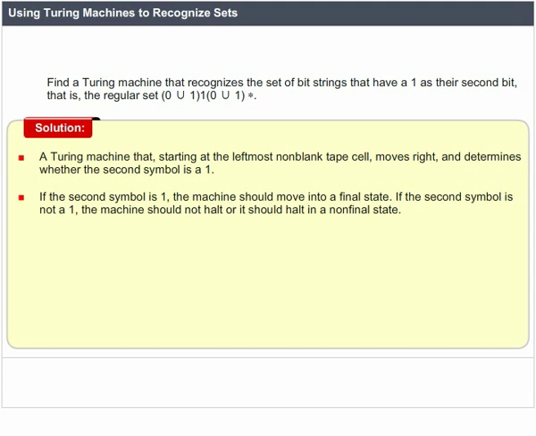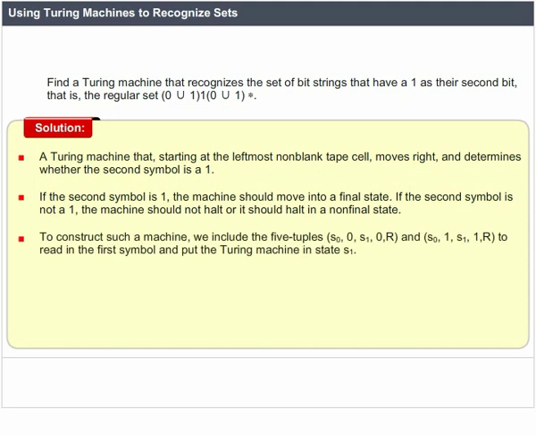To construct such a machine, we include the five-tuples (S0, 0, S1, 0, R) and (S0, 1, S1, 1, R) to read in the first symbol and put the Turing machine in state S1.